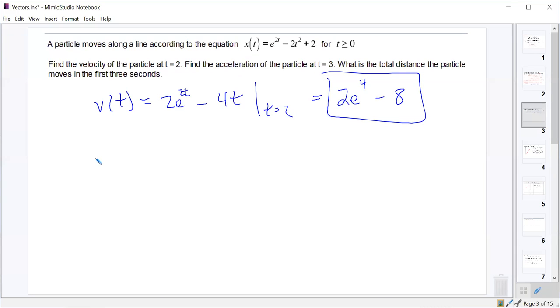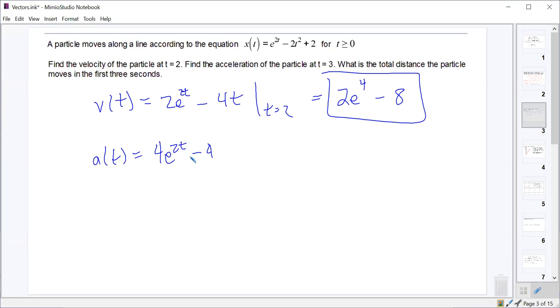And what about the acceleration function? What's our acceleration function? Four e to the 2t minus 4.